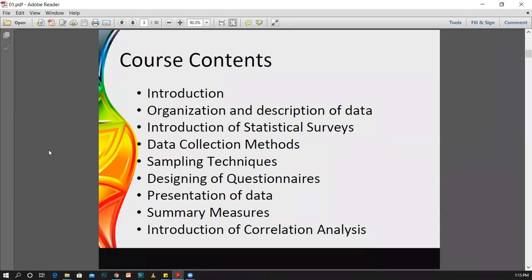The introduction will be there, organization and description of data, introduction of statistical survey, data collection methods, sampling techniques, designing of questionnaires, presentation of data, summary measures, and introduction to the correlation analysis will be discussed under this course module.